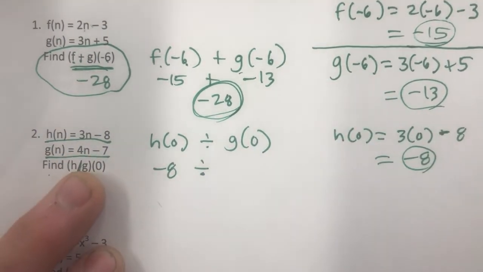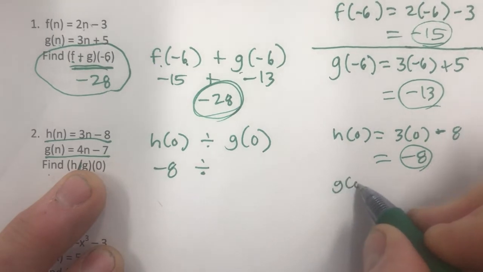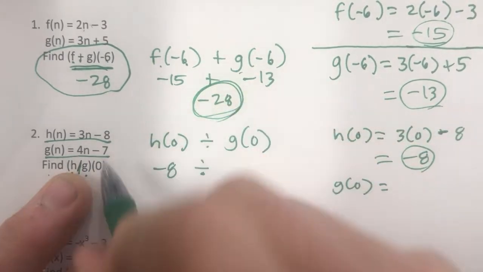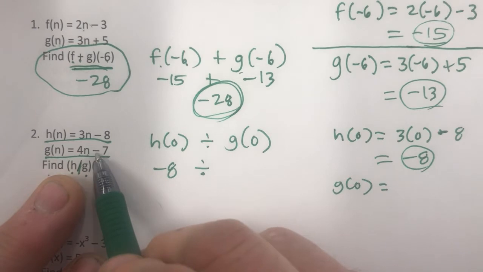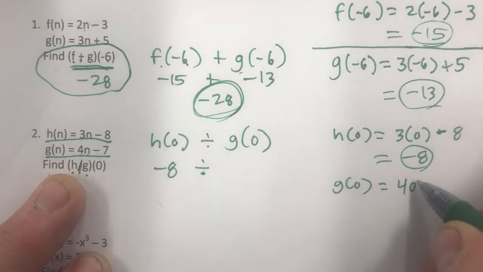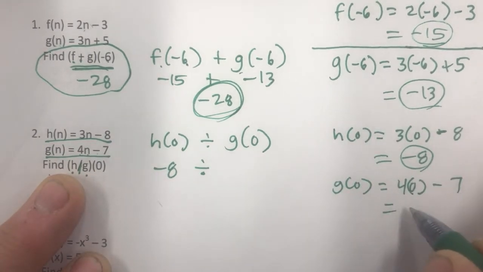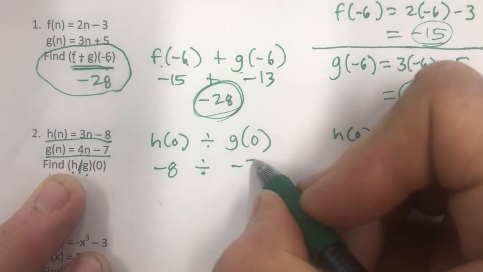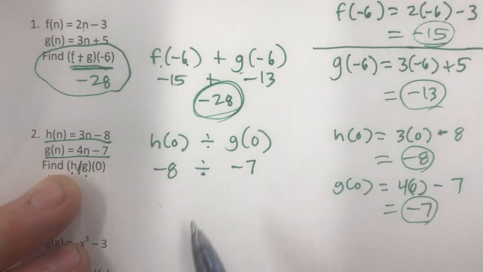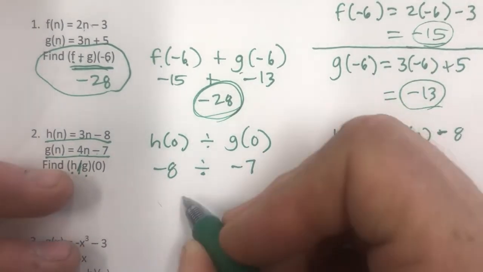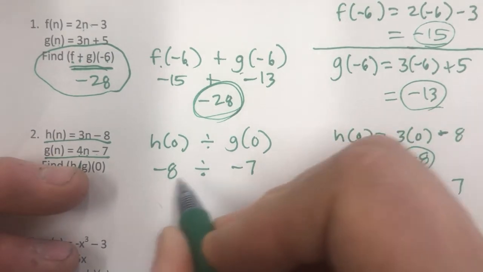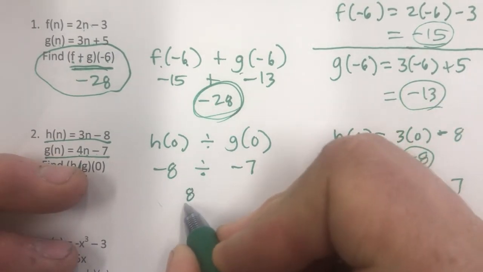Divided by g of 0. I put 0 in the g function, which is 4 times 0 minus 7, which is negative 7. So I've got negative 8 divided by negative 7. When I type that in, I just get 8 over 7.